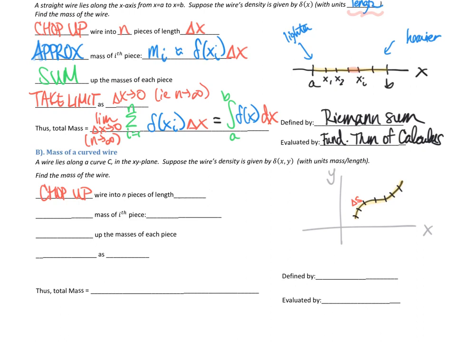And let's say we wanted to approximate the mass of just this ith piece right here. So now I have this point, and it has both x and y coordinates. So this is the point x sub i, y sub i. And I can find, let's put delta s here.